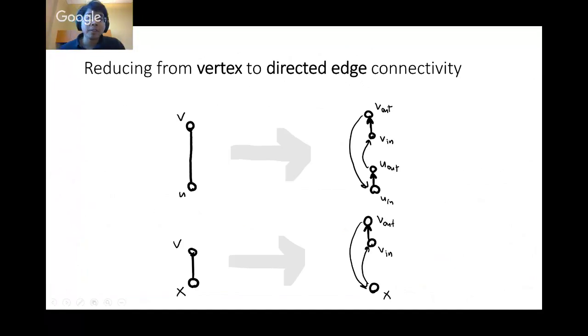So given any edge UV, for each vertex you split it into U in and U out, and for V you split it into V in and V out. Then you draw a directed edge from U in to U out, from V in to V out, and if there is an edge from U to V, you draw an edge from U out to V in, and V out to U in. Yeah, so this is a picture.